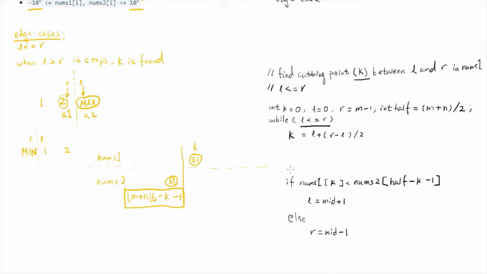So the if statement will compare A2 with B1. If A2 is smaller than B1, then we will move the left boundary to the right side of K. Else means A2 is greater or equal to B1. Then we will move the right side boundary to the left side of K.